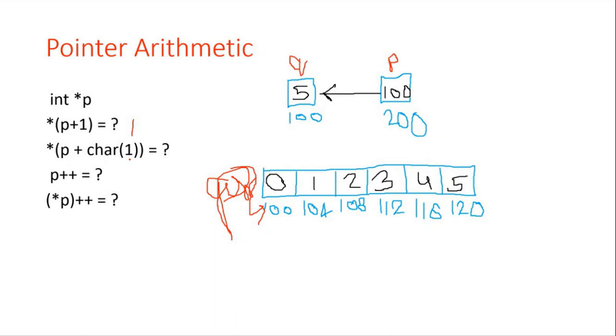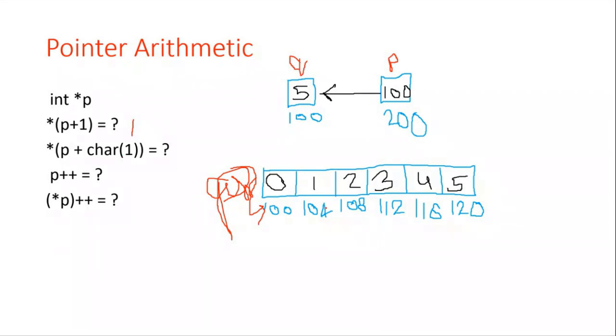Here we have typecasted the address into char. The size of char is 1, and we are on 104, and the address will be p plus 1.